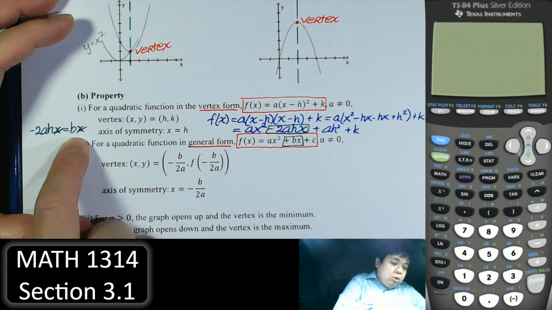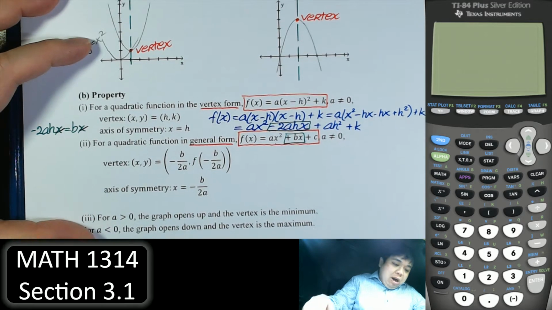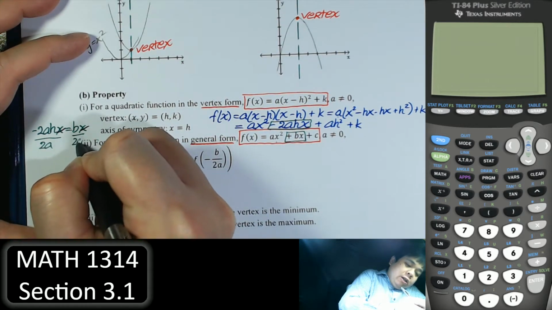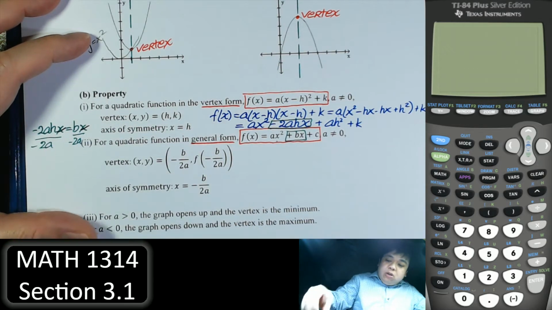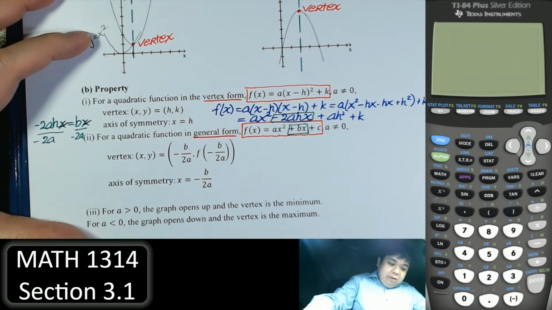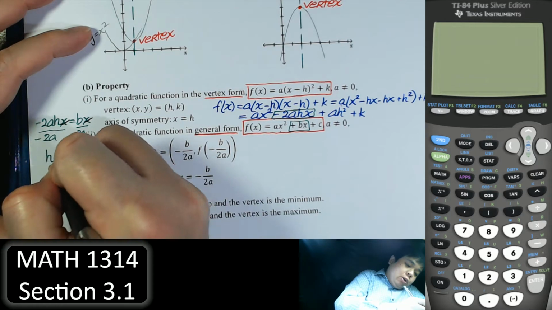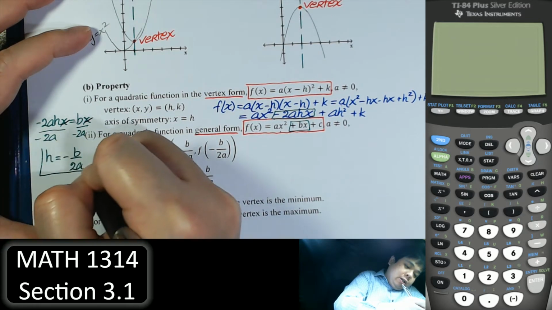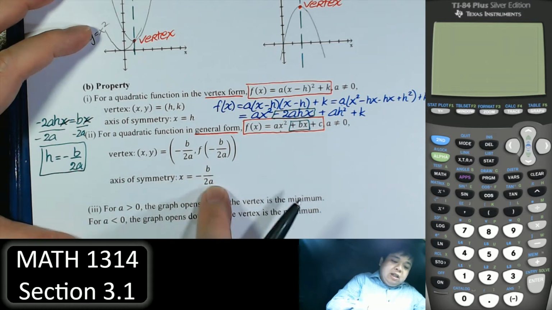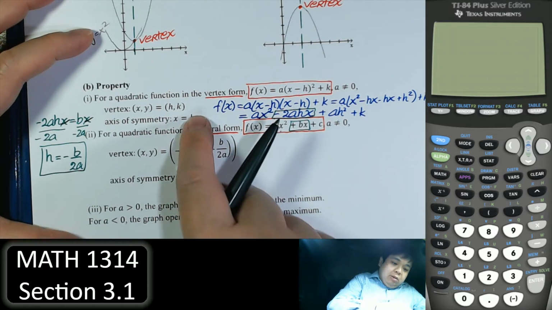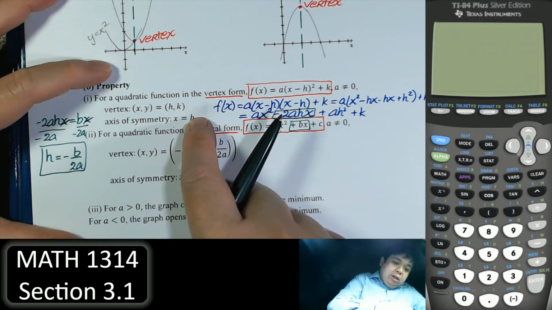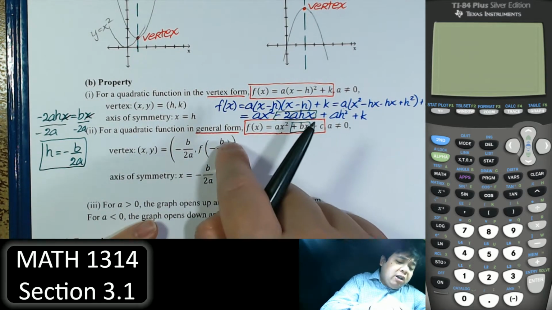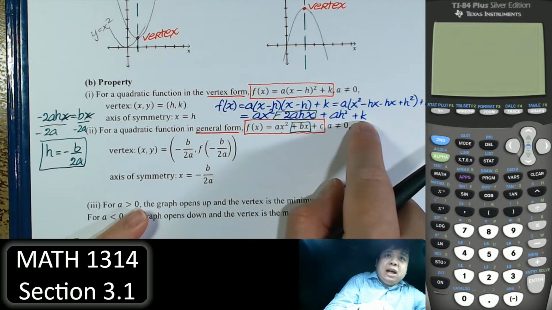If we want to solve for h, we divide by negative 2a on both sides, and we have h equal to negative b over 2a, which is exactly the h, negative b over 2a. Certainly we can solve for k too, but that's more complicated.